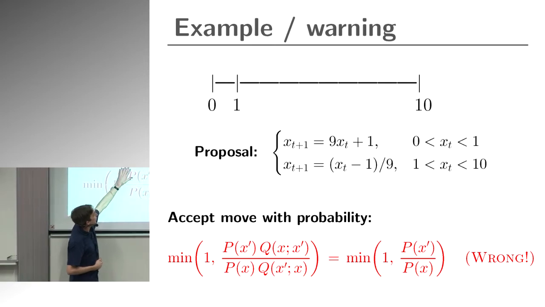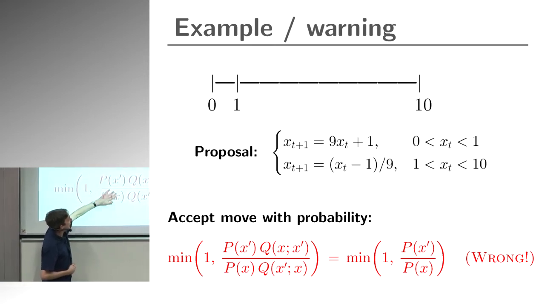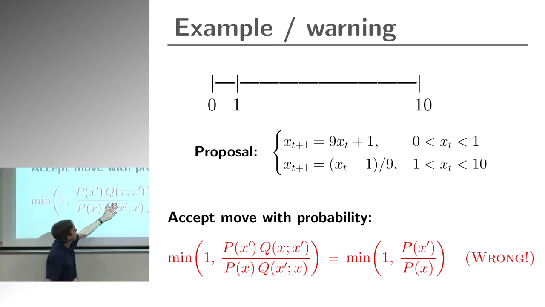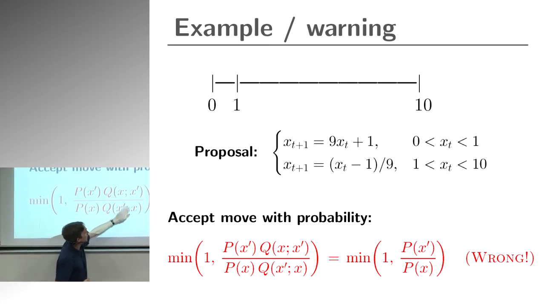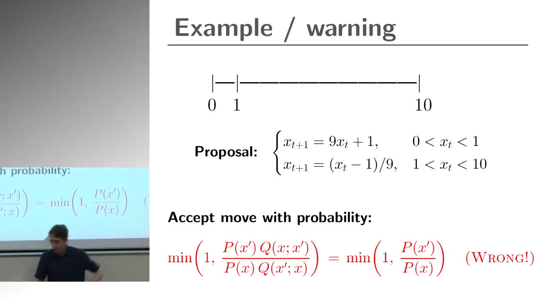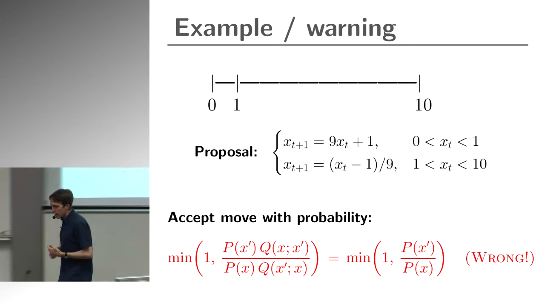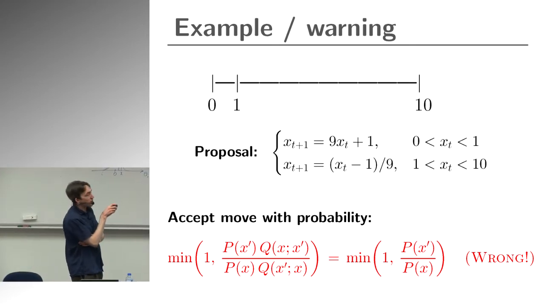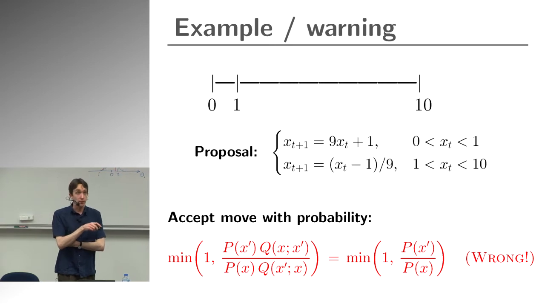So you evaluate the probability of your final state and your initial state, and then if you have this deterministic move moving forwards and backwards, then these probabilities are 1, so they cancel, so you just use this rule, and that's totally wrong.